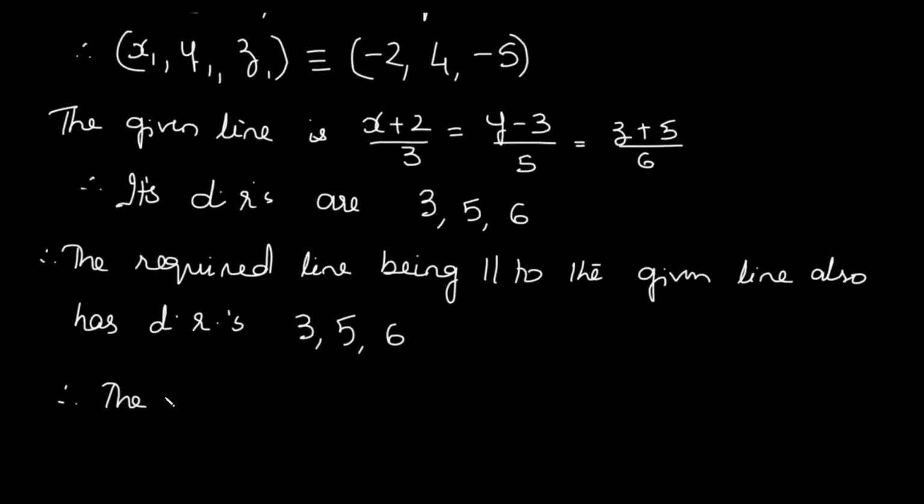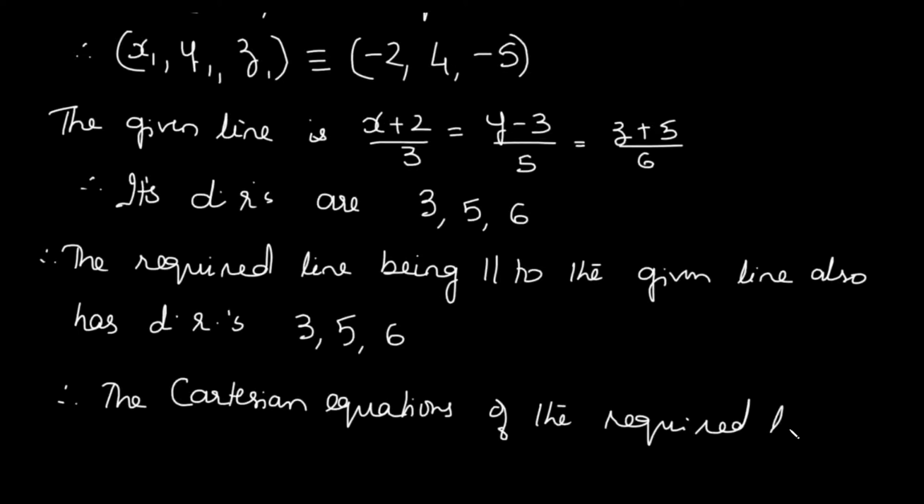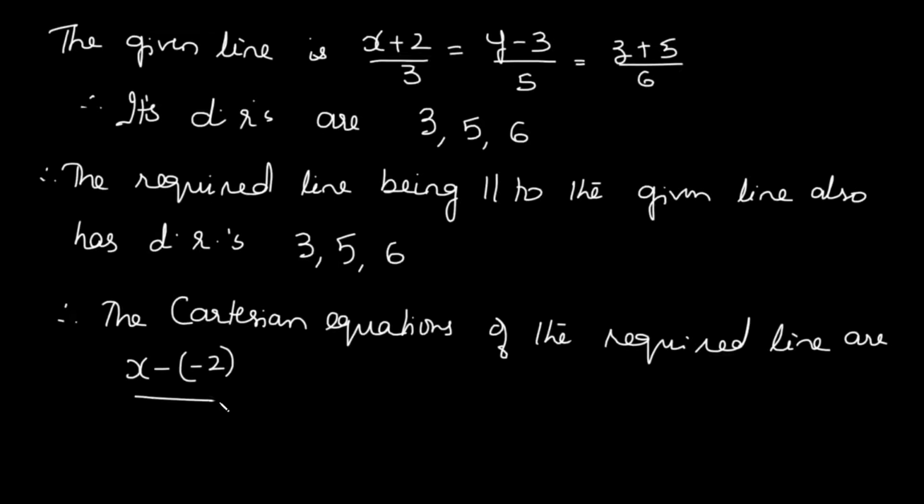So therefore the Cartesian equations of the required line are this way, that is x minus -2 upon 3, which is equal to y minus 4 upon 5, because the line passes through -2, 4 and -5, which is equal to z minus -5 upon 6.